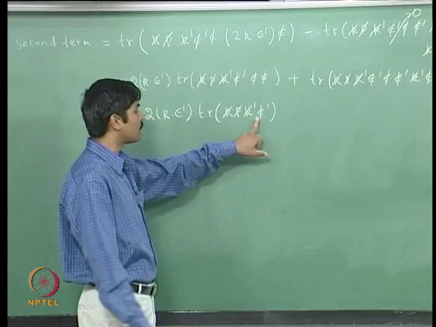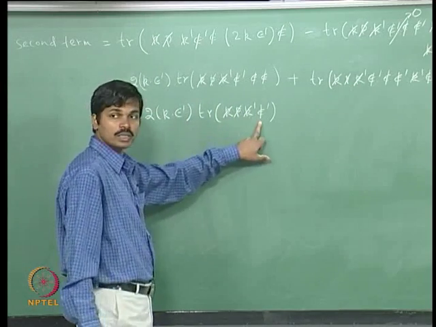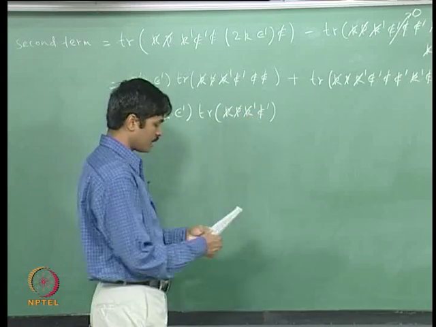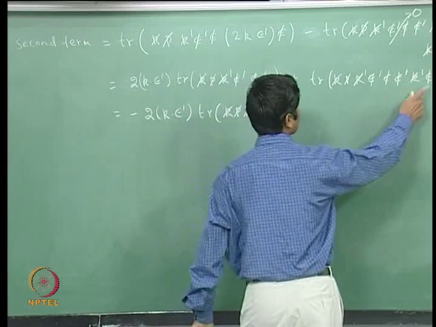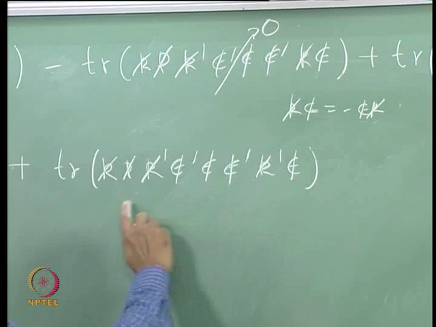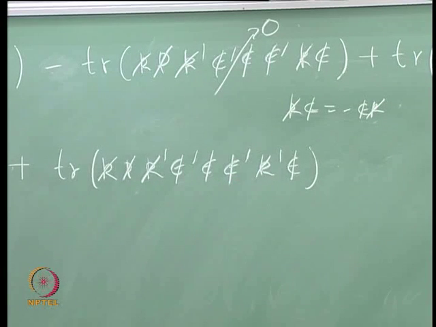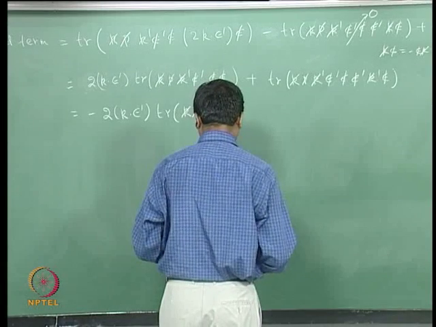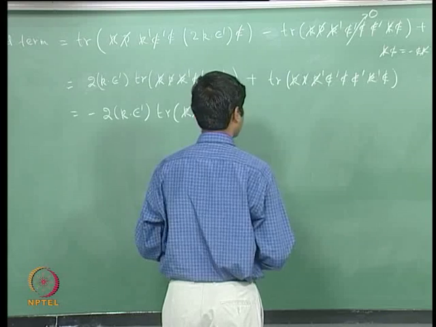Here this involves trace of 4 gamma matrices. So, I know how to do that. Here also what I can do is I can just rearrange things, so that this again reduces to something which involves trace of 4 gamma matrices, and then I can evaluate that in a straightforward manner.